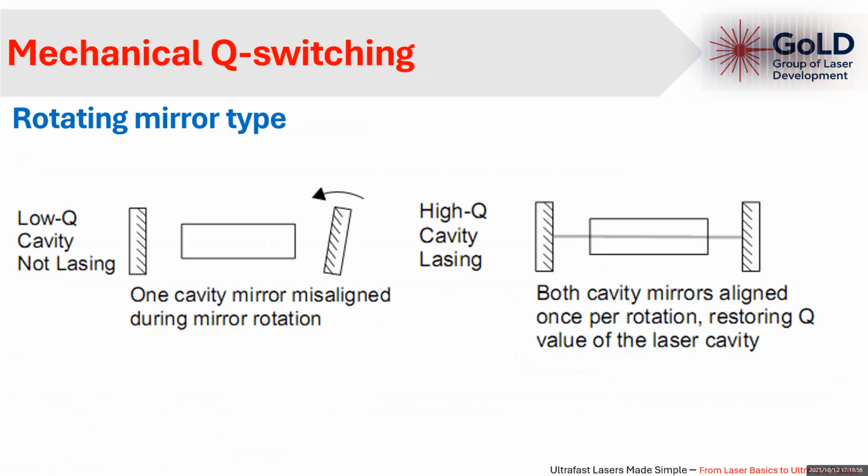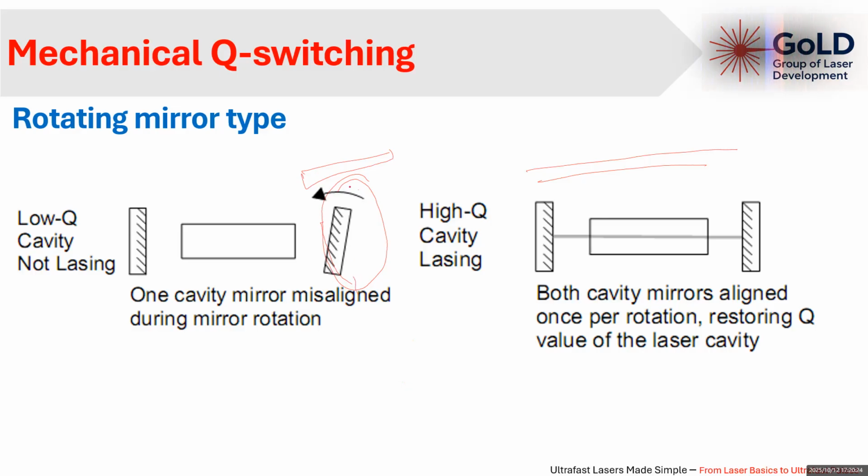Anyway, so mechanical type Q switch, what exactly happens? The mirror on the one side, if you see here, this is the normal, okay? And if we take this mirror out of the path of the beam, or remove this mirror or rotate it like this, in this direction, okay?